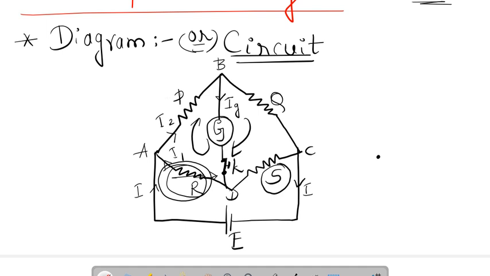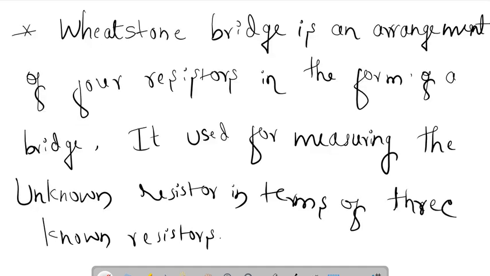So the Wheatstone bridge at this stage is said to be balanced, and the ratio P by Q is equal to R by S.